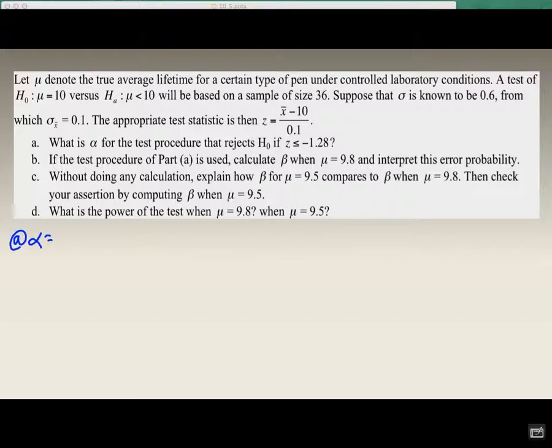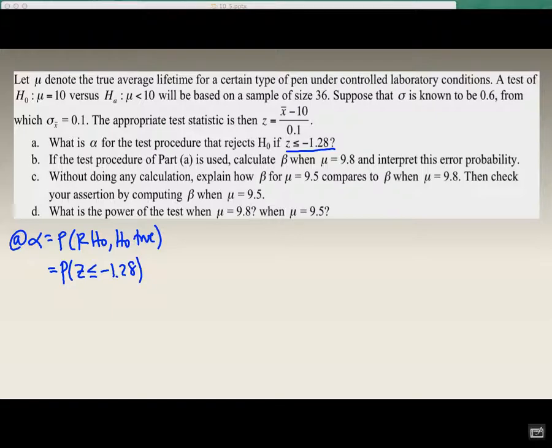Okay, so we're looking for alpha. Alpha is the probability of rejecting the null when the null is true. We are told that we are going to reject the null if z is less than or equal to negative 1.28. So therefore, alpha is going to be the probability that z is less than or equal to negative 1.28.